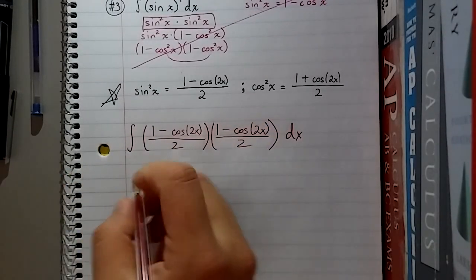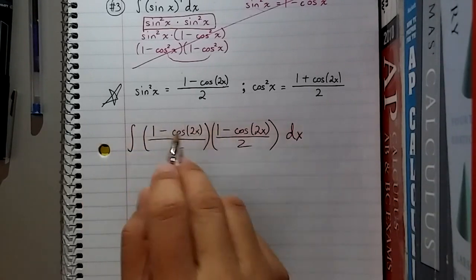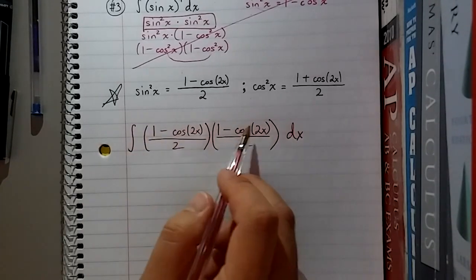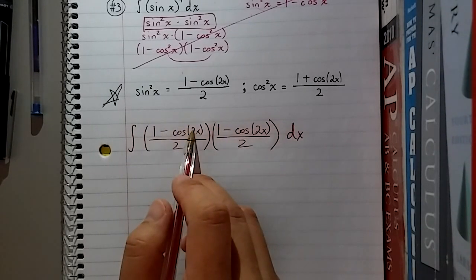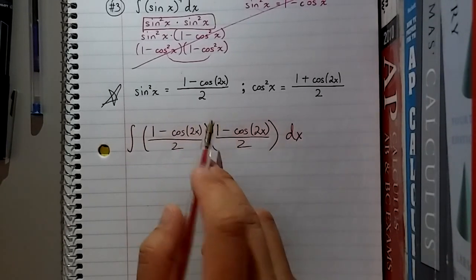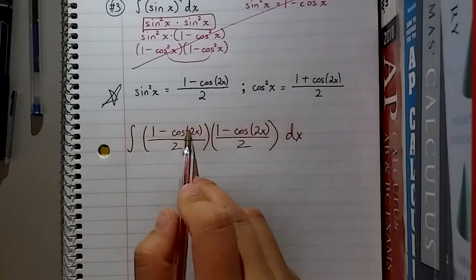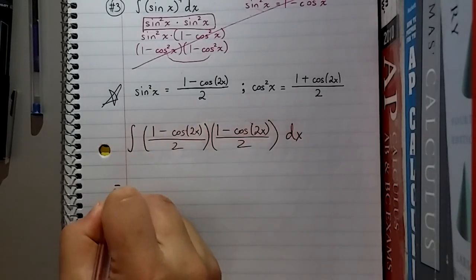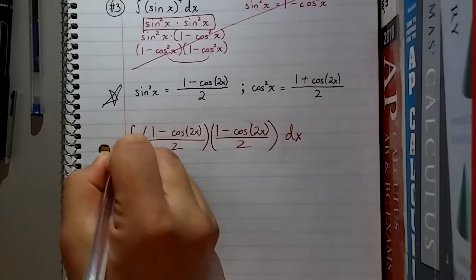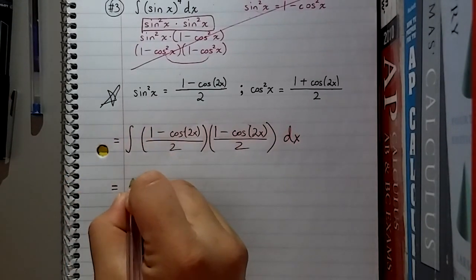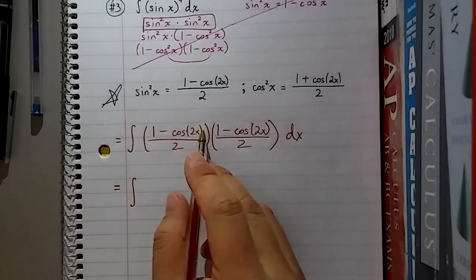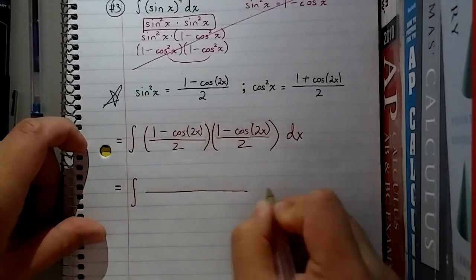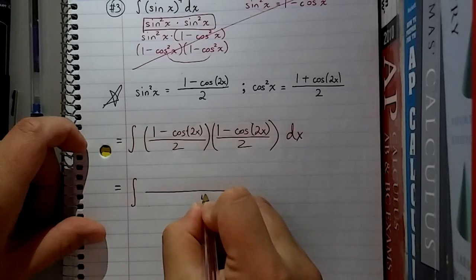So what you have to do is distribute or multiply these 2 fractions, which means you have to FOIL the top. Do not forget to FOIL the top. Don't just do the first and the last. We're not integrating yet, all we're doing is FOILing. So it's still an integral. On the bottom, we have a 4.